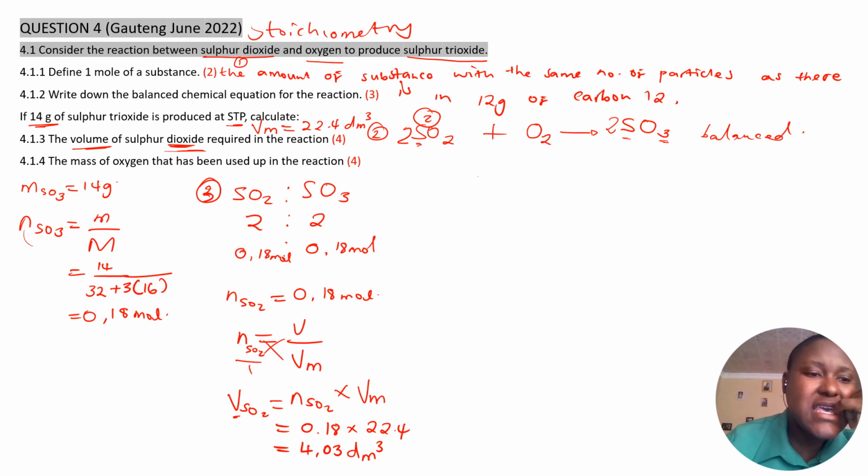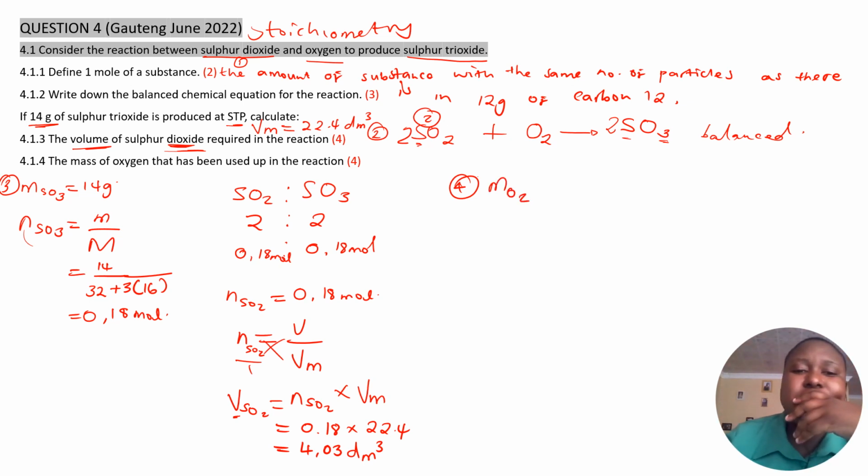The next thing, actually 3 starts here. The next thing that they're asking you to do is to calculate the mass of oxygen that has been used up in the reaction. You want the mass of O2.